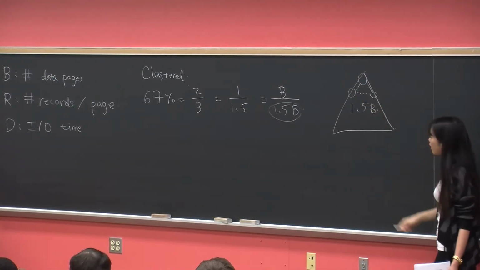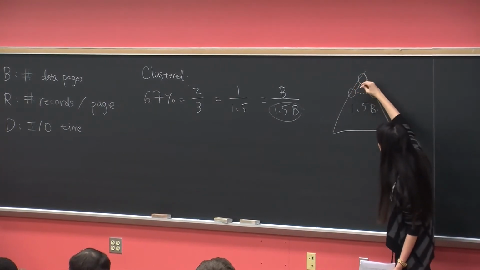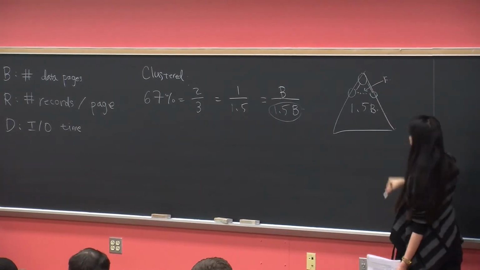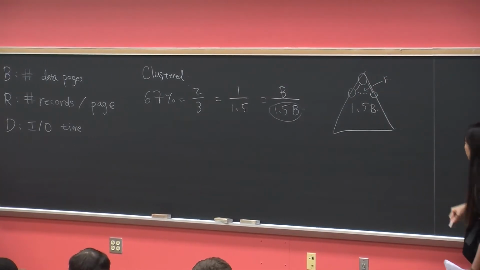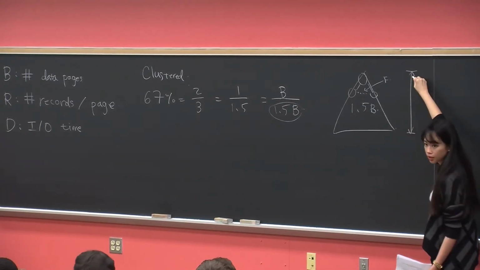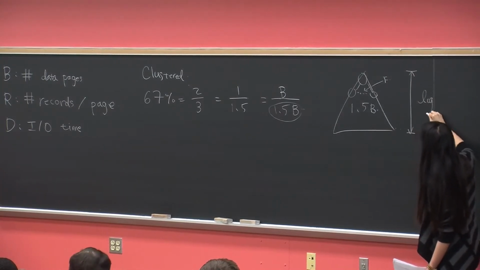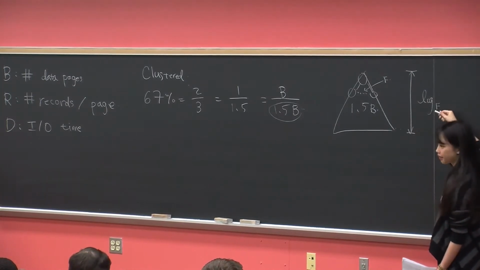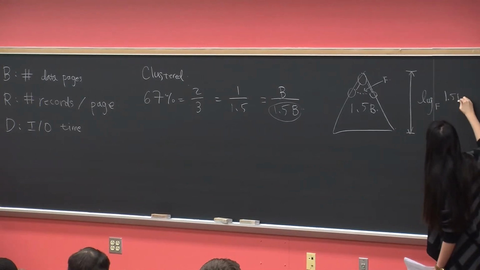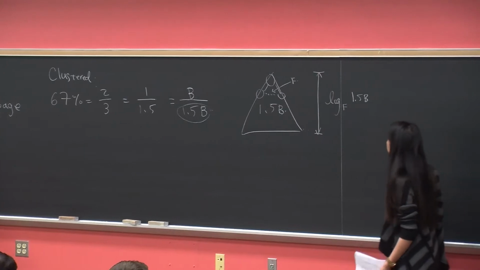And for one node it has F children. What is the height of such a tree? Log base F of 1.5B, right? And that was the quiz last time as well.